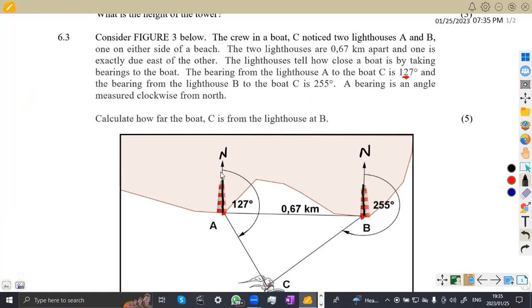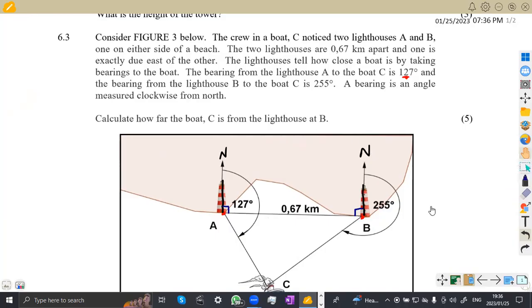There's a combination of a vertical line and a horizontal line, and we know that these two meet at 90 degrees. So we're given the bearing from A, which is 127, and the bearing from B, which is 225. The question now is to calculate how far the boat C is from the lighthouse B.